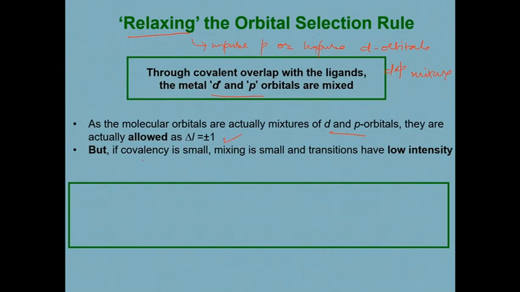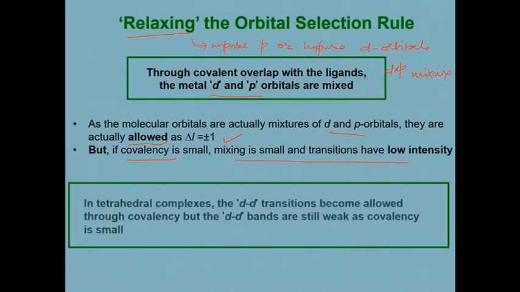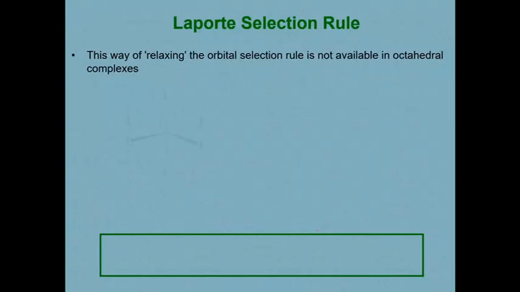But if covalency is very small, there is a competition between covalency and the allowed transition. Mixing is very small, so transitions have low intensity. In a tetrahedral complex, d-d transitions become allowed through covalency, but the d-d bands are weak. The relaxation of the orbital selection rule is there for the tetrahedral complexes.